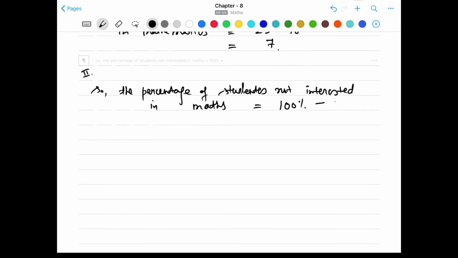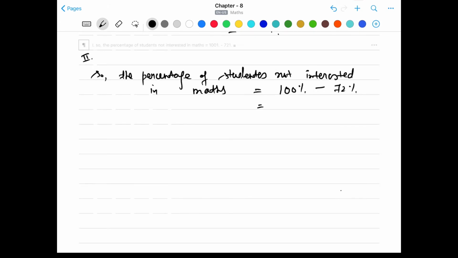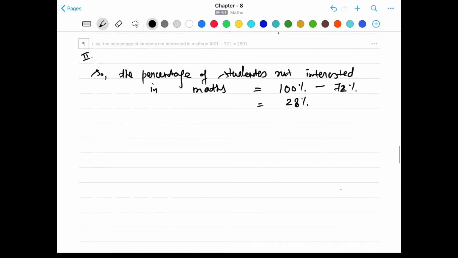So 100% minus 72%. When you subtract the two, you will get 28%. So there are 28% students in the class who are not interested in mathematics. Out of the 100% students, 72% are interested in mathematics, while 28% are not. Now we can calculate the number of students who are not interested in mathematics.